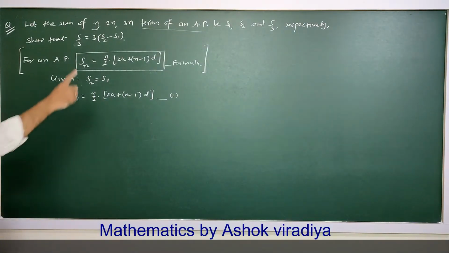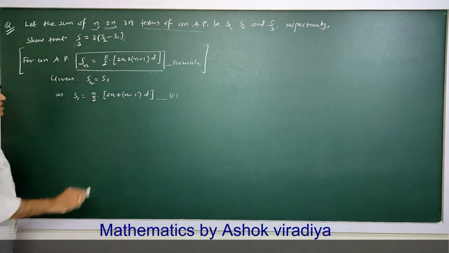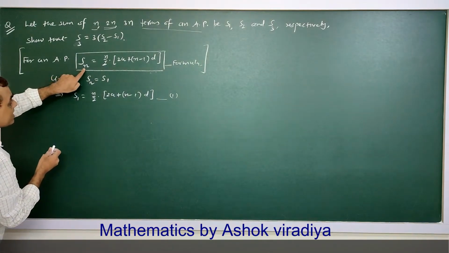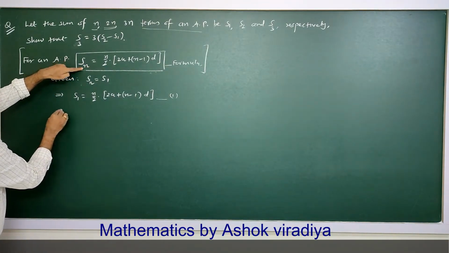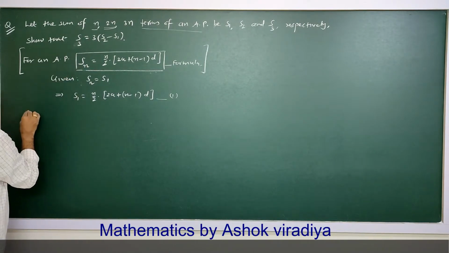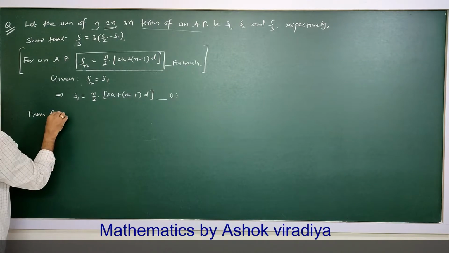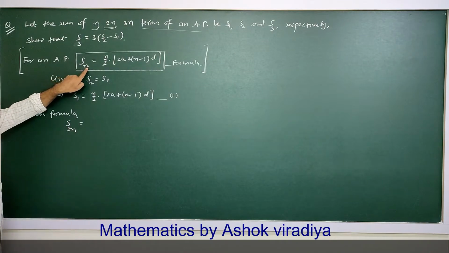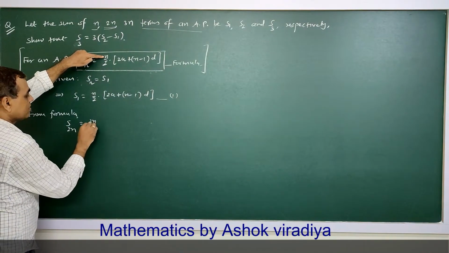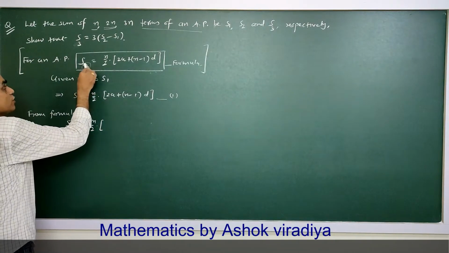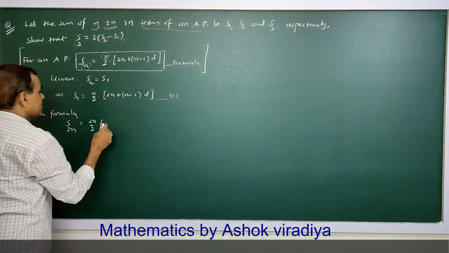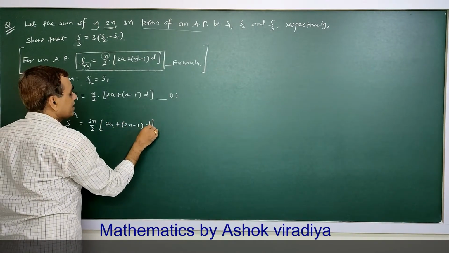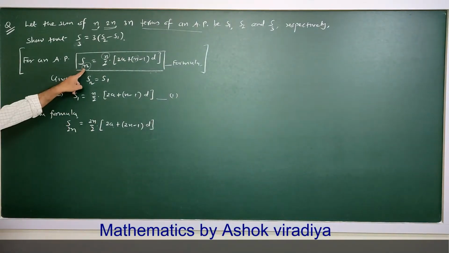Now see, sum of 2n terms of AP. So sum of 2n terms, so I replace here n by 2n. So S2n again from formula. I am putting here 2n everywhere, so 2a plus 2n minus 1 times d, with 2n, 2n, 2n.